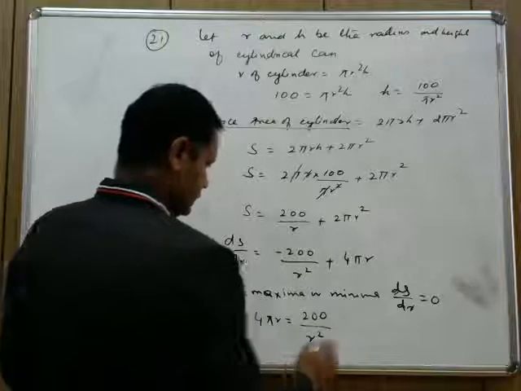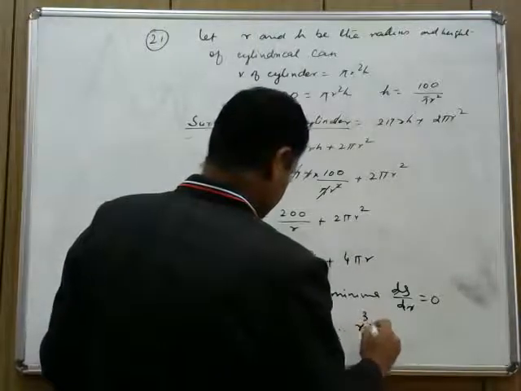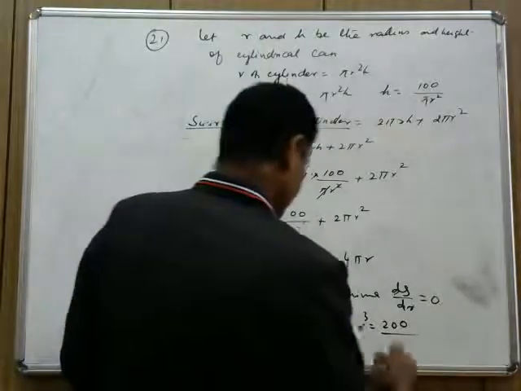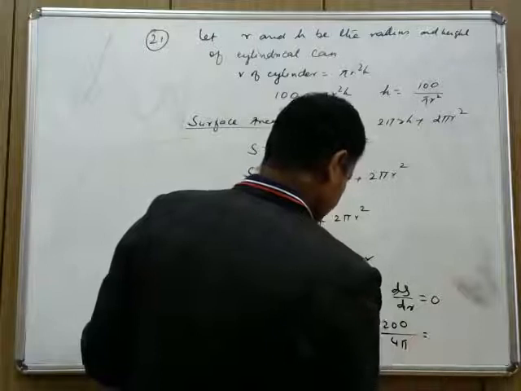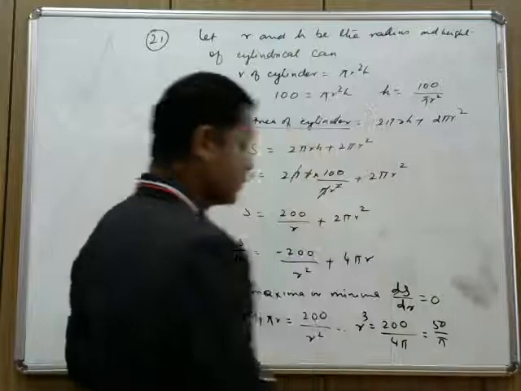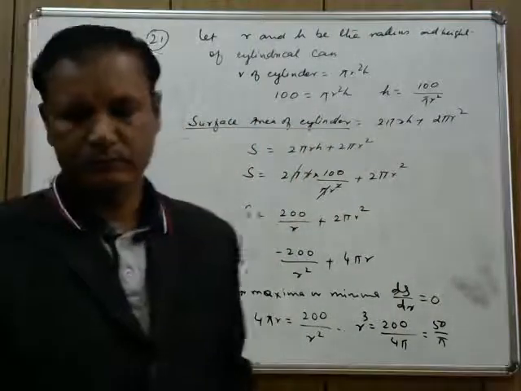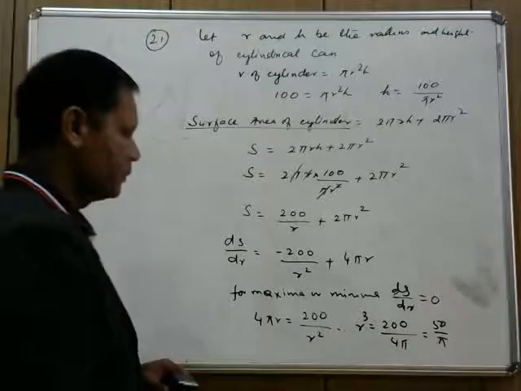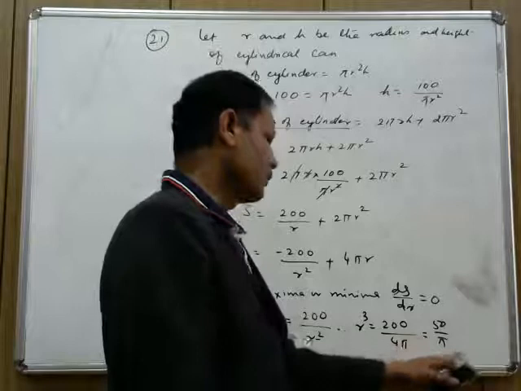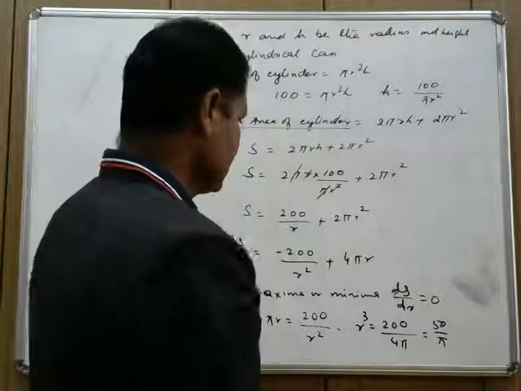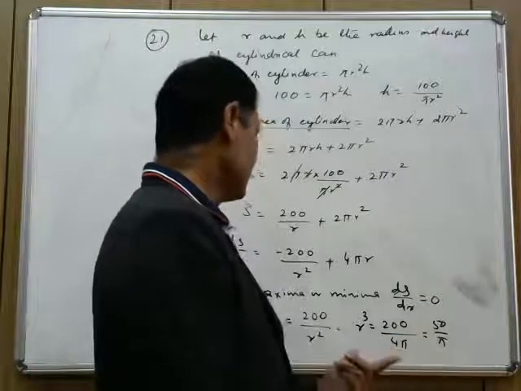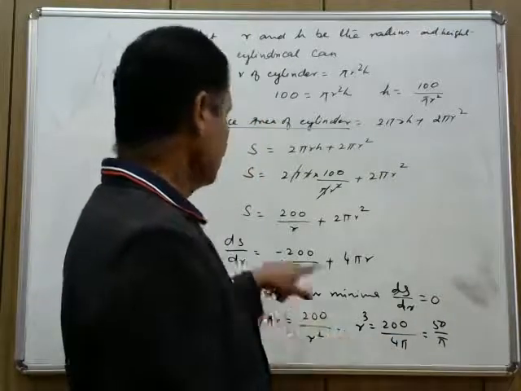This I can write now as r cube is equal to 200 upon 4 pi, that means r cube is equal to 50 upon pi, and therefore r will be equal to the cube root of 50 upon pi. That means at r cube equal to 50 upon pi, it will have the minimum.